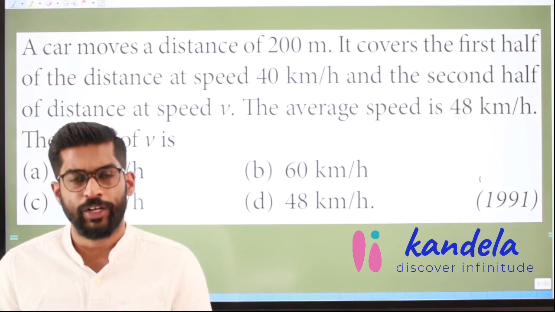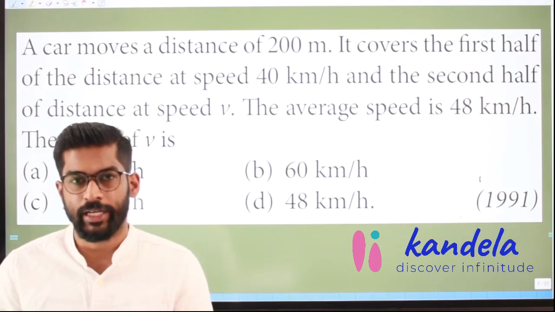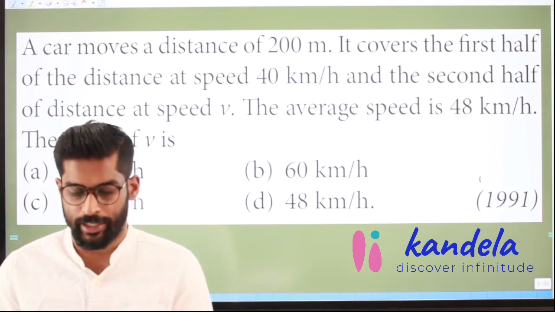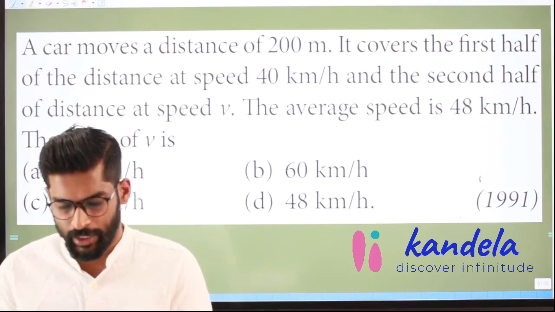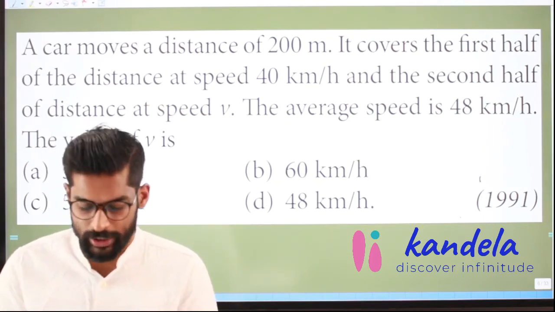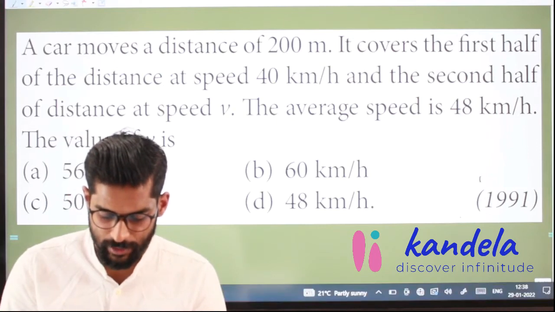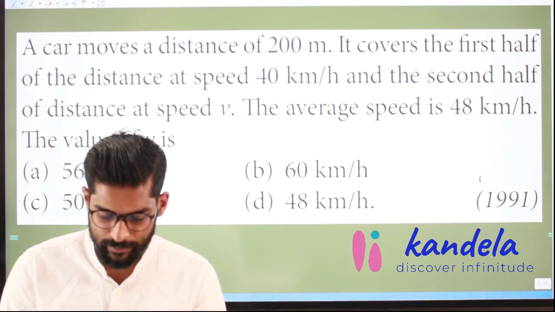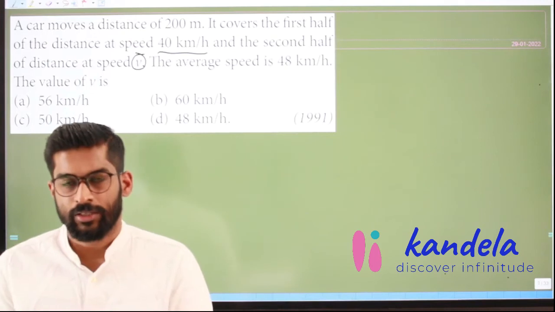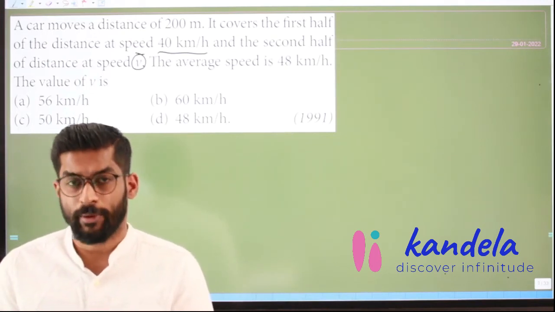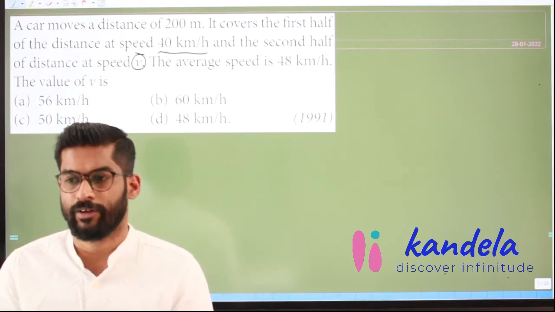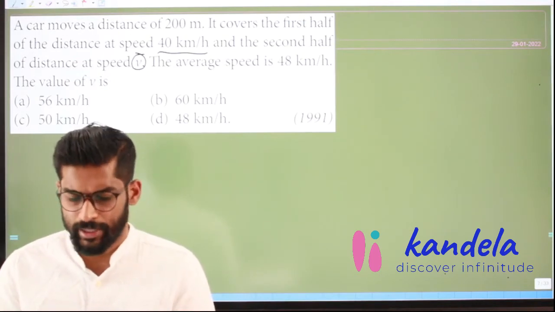So here we know the average speed to complete the whole journey, but we don't know what is the speed during the second half. So let's see how we can solve this problem. At first look, this problem seems a bit different from what we were doing previously, but it's the same.